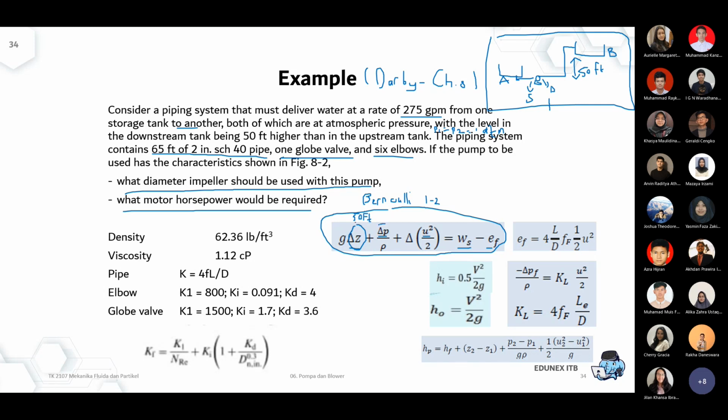Delta P, do we have something about the delta P? When we compare the Bernoulli at A and B, sorry, not 1 and 2, that's my bad, A and B, is there any clue or implied information about the pressure at point A and point B?